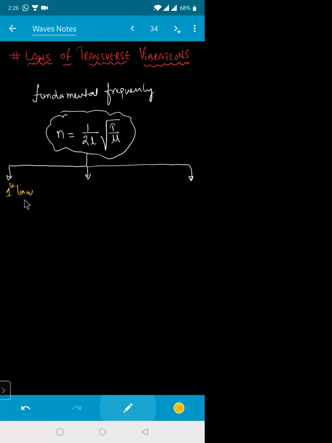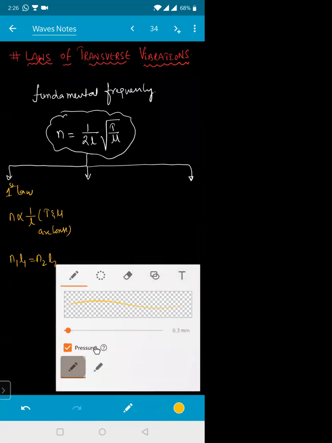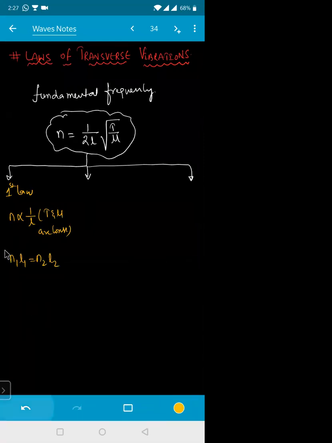At a given tension and linear mass density, N is inversely proportional to the length, provided T and mu are constant. That means N1 L1 is equal to N2 L2. So this is your first law.